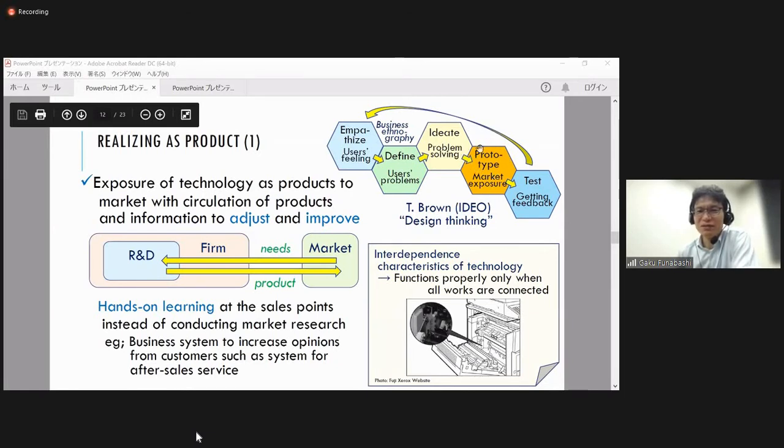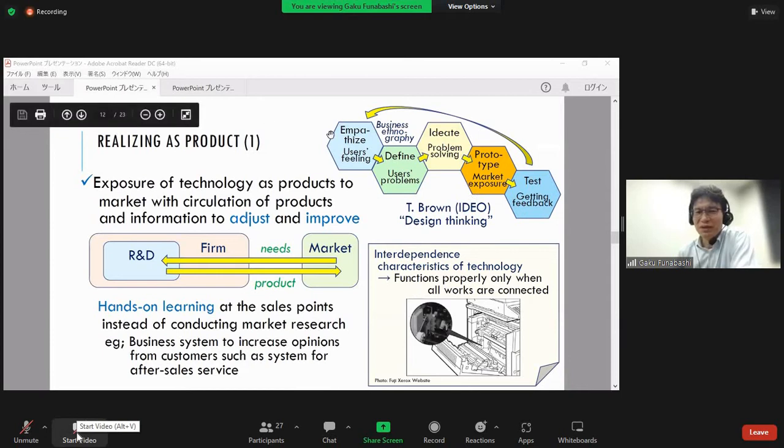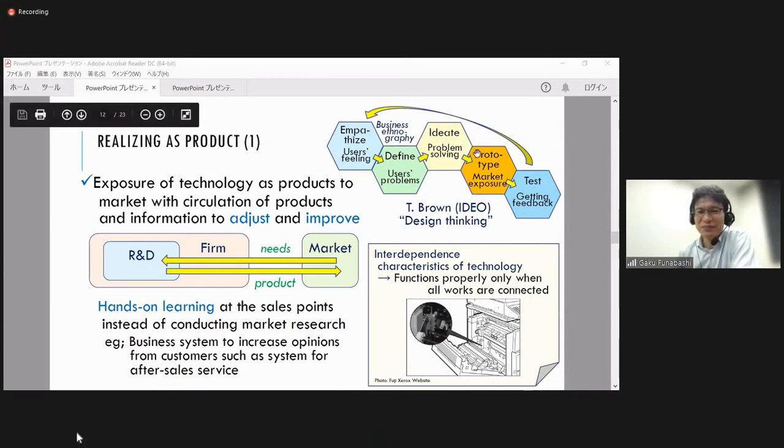It is also similar to lean startups, minimum viable products. And in lean startup, after having an MVP, send it to the market and test. So this part, empathize, define, ideate, is like the Seki model. This part, prototype and test, is like a lean startup.